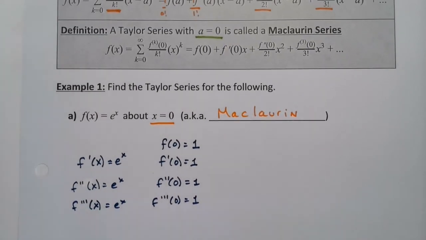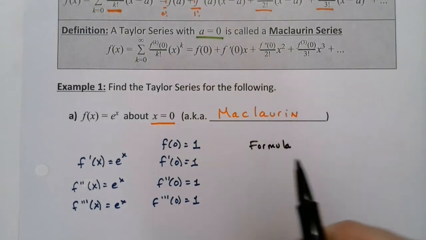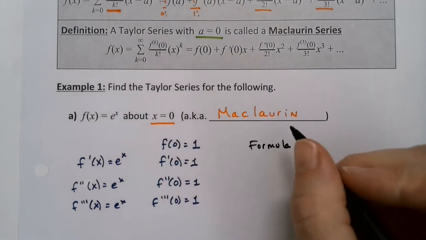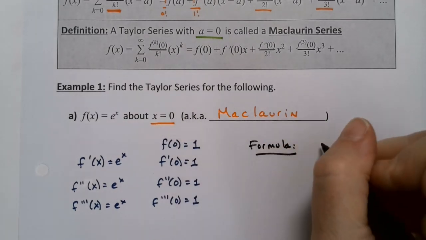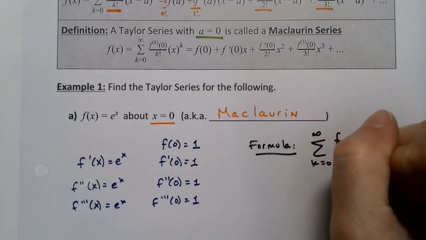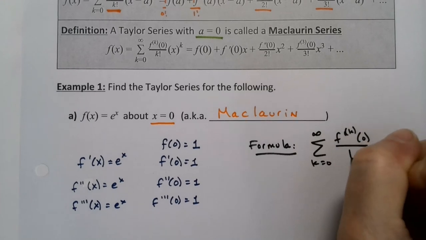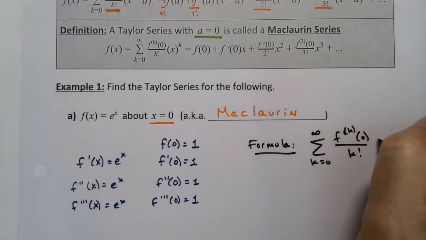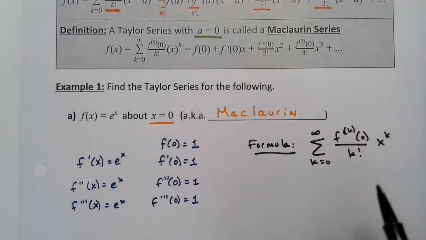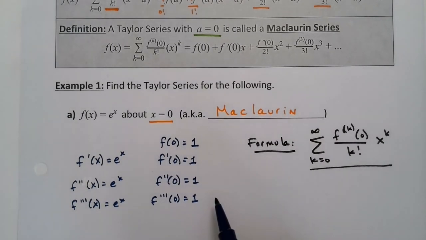So now the formula says that the Maclaurin series is going to be the sum from k equals 0 to infinity of the kth derivative at 0 over k factorial times x to the k. That's the formula. Now how's that going to work for our particular problem?